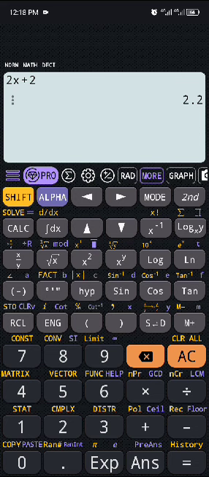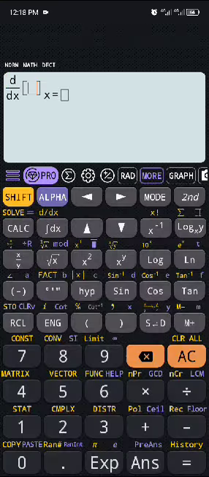Now let's take another example. Let's assume that we are asked to differentiate y equals sine x cos x. As usual, press shift and the integral sign. It gives you this in your normal calculator, your casual calculator. This is what is going to appear.